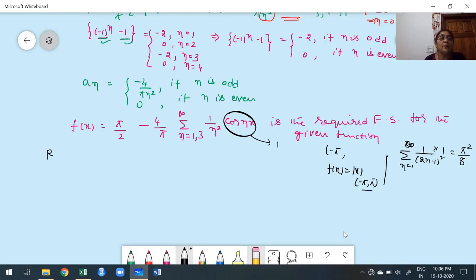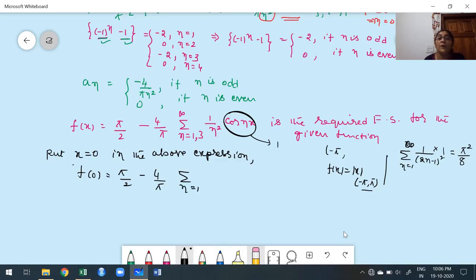Therefore, put x is equal to 0 in the above expression. In the above expression, what do we get actually? f of 0 must be equal to pi by 2 minus 4 by pi, for n ranging from 1 to infinity, 1 by n square.